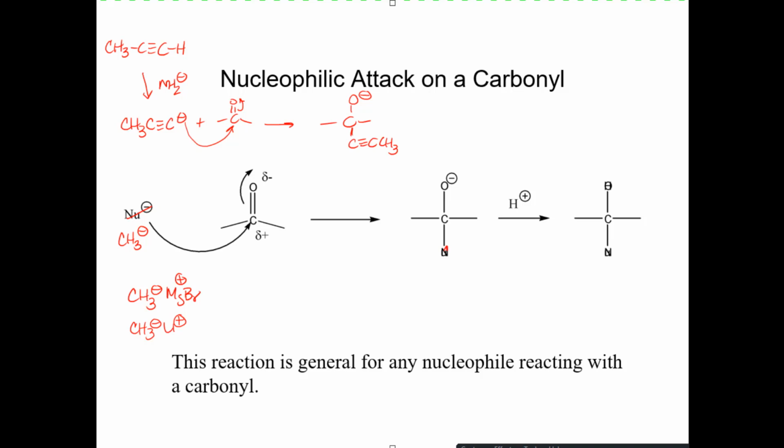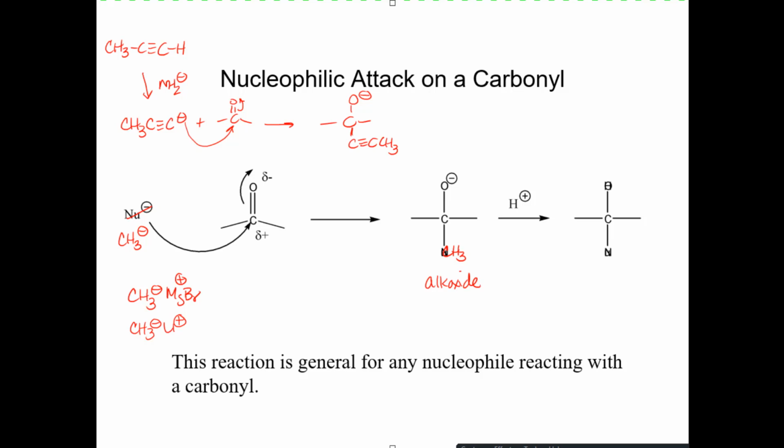Then over here I would have my CH3 being formed, and I would form my alkoxide intermediate. So in these reactions, I'm going to add my Grignard reagent to my carbonyl and make the alkoxide.